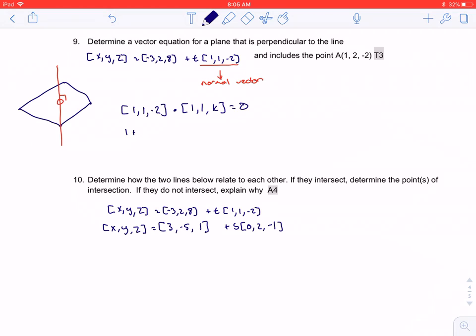And that would be 1 plus 1 minus 2k equals 0. So k would be equal to 1. Okay. So then the vector 1, 1, 1 is a direction vector.